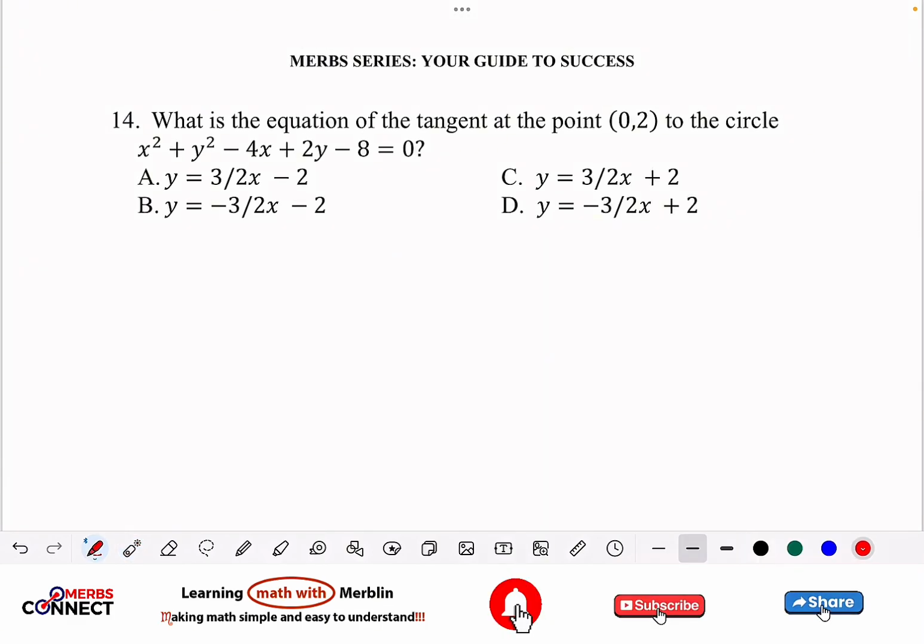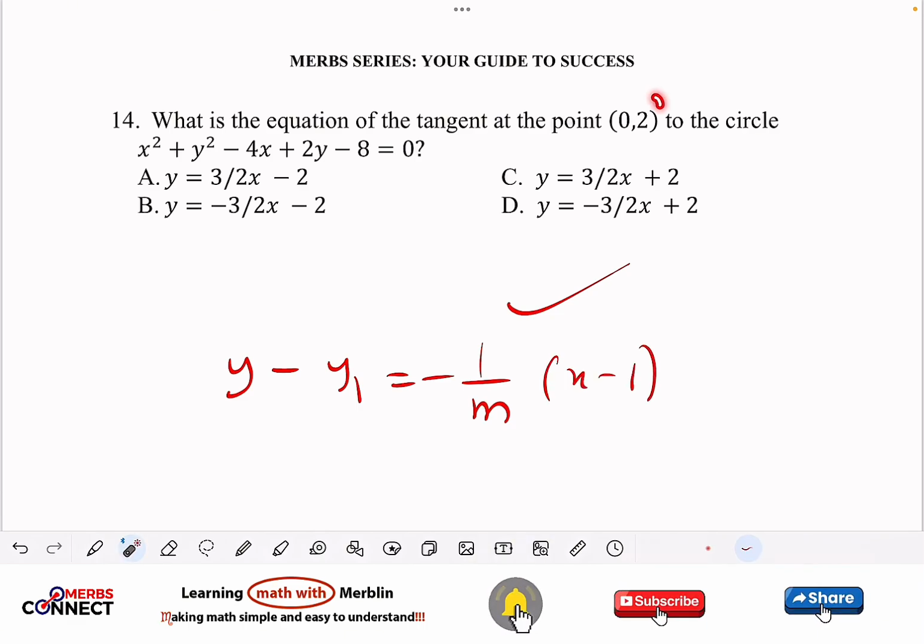Let's look at 14. What is the equation of the tangent at the point to the circle this? So you've done equation of the tangent, so you can try this and leave your answer in the comment section. So don't forget, this should be y minus y1, which is equal to minus 1 divided by the slope, because we are talking about circle, then x minus x1. But here, the point is this.